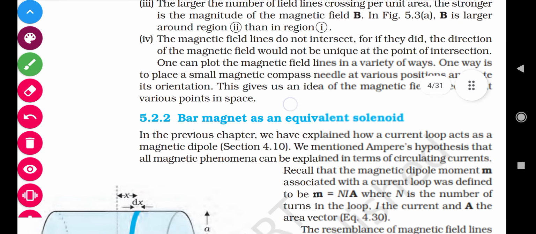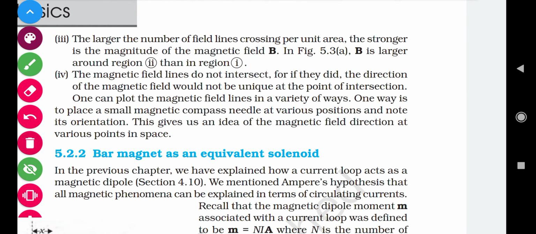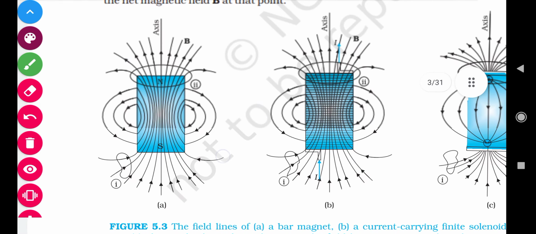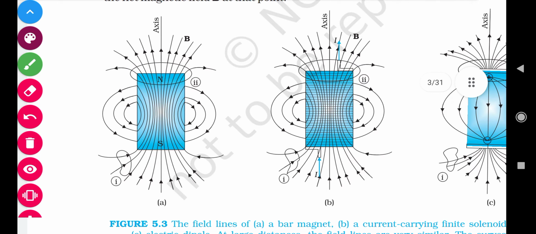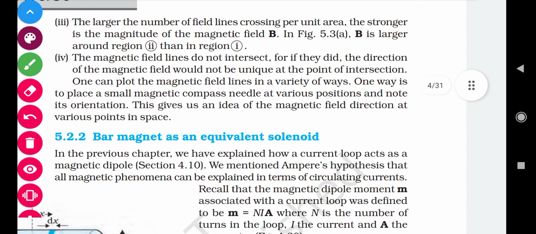The third property is that the larger the number of field lines crossing per unit area, the stronger is the magnitude of the magnetic field B. You see there are two regions here. In the first region the number of field lines crossing this area is very small, but in the second region the number of field lines crossing is very large. So the intensity of the magnetic field is more in the second region.